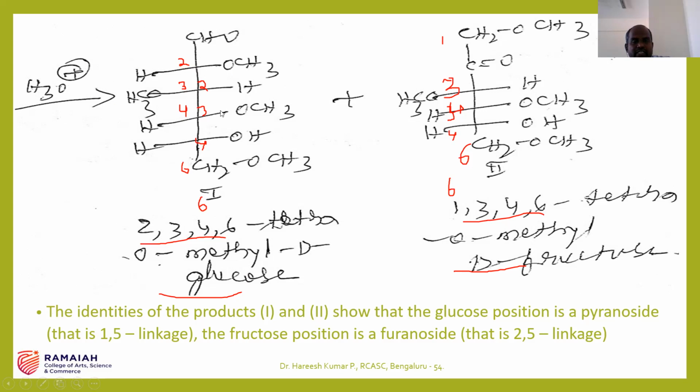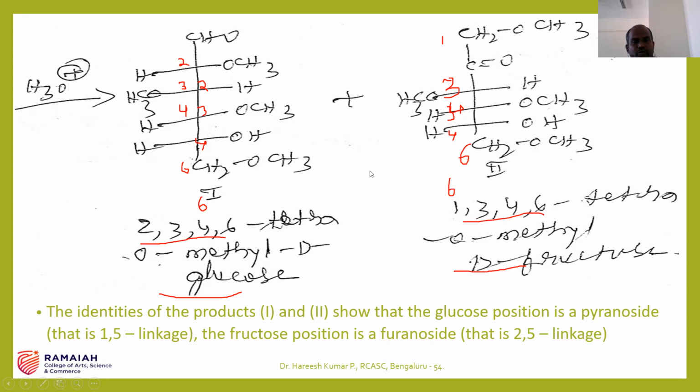This is a 6-membered ring, with the aldehyde at the first carbon atom, previously in ring formation, so it is a pyranoside. And fructose is a furanose, a 5-membered ring. There will be interaction between this hydroxy and this carbon. With 4 carbon atoms and 1 oxygen, it is a 5-membered ring called furanoside.